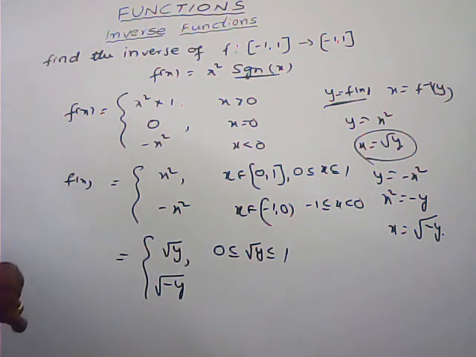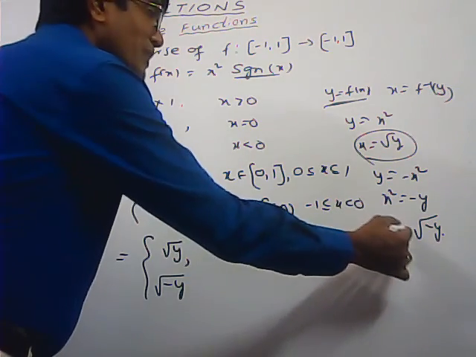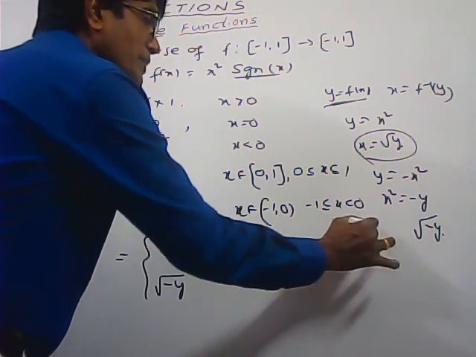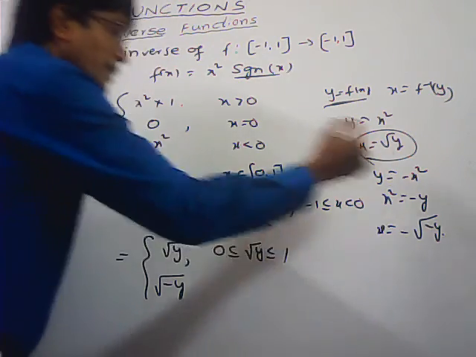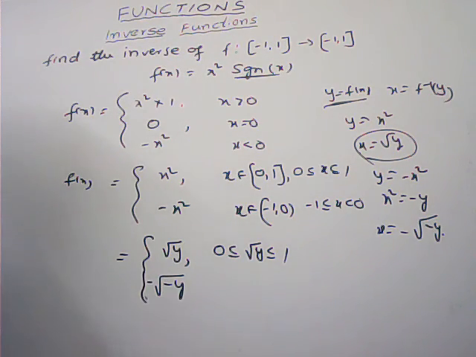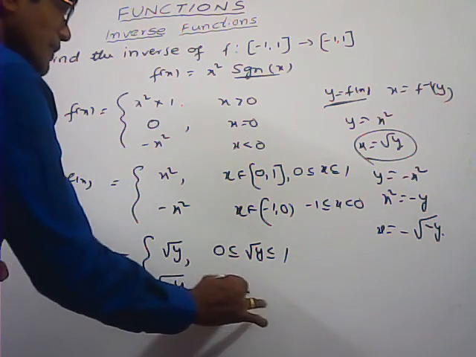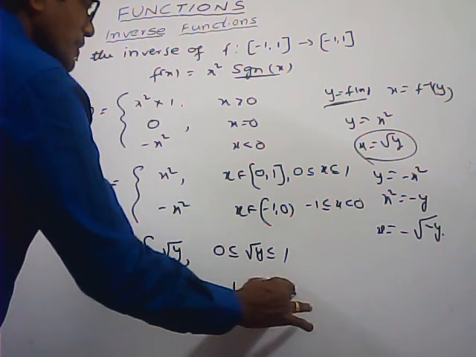Corresponding x value should be negative. Here actually we will get plus or minus by taking x equals plus or minus, but x should be negative. So out of the two you can consider negative. Minus root of minus y, where minus 1 is less than or equal to, what about x value? Minus root of minus y is less than 0.